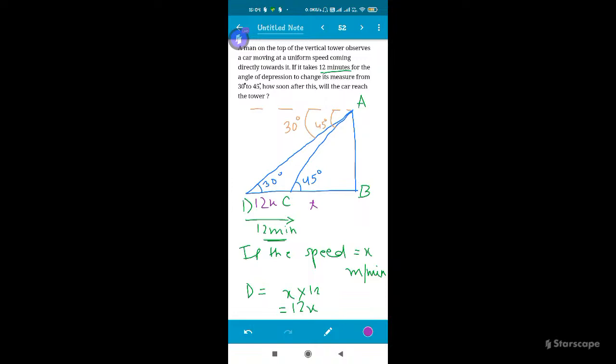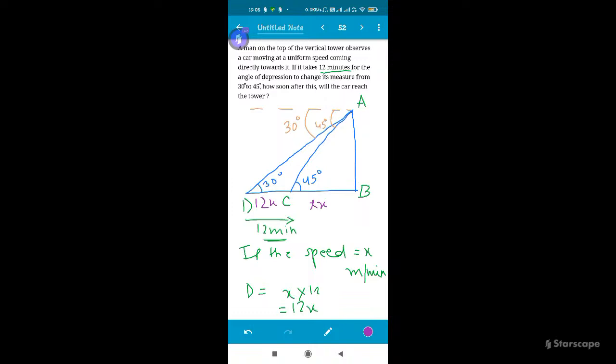So how much will be the distance? The speed will not change, isn't it? It has not been mentioned anywhere that the speed is changing, that means the speed is constant. So if the speed is x and the time required is t, the distance will be speed into time, that means t into x. So t into x is the distance CB. I hope this diagram is clear till here.